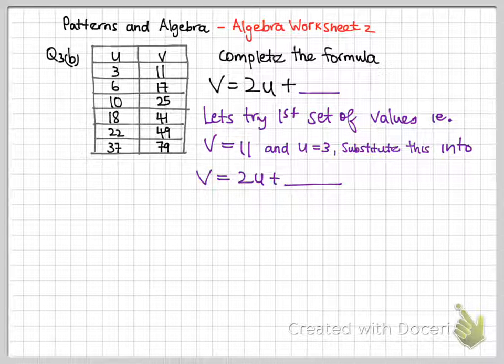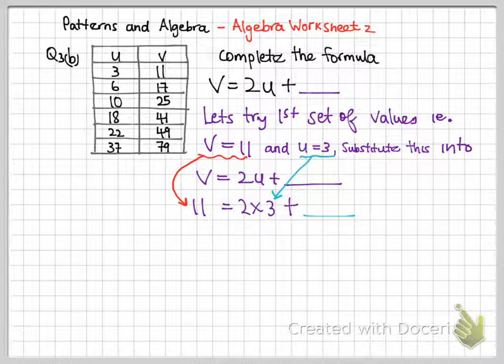Now I want you to follow the working and follow the arrows to see how the substitution actually works. Great. What we see is that wherever there's V, I can put 11, and wherever there's a U, I can put in a 3. That's what substitution is.